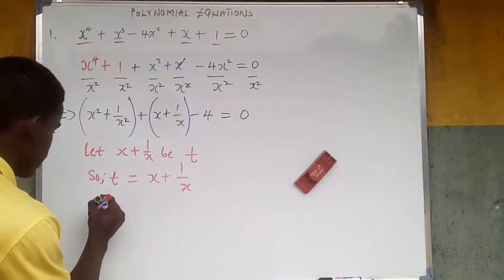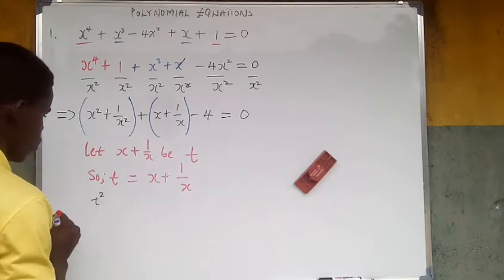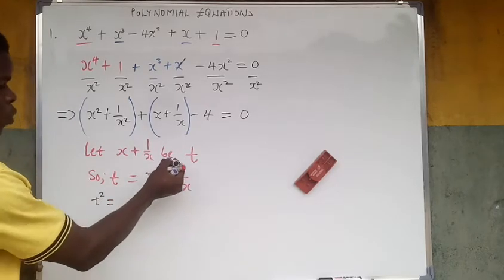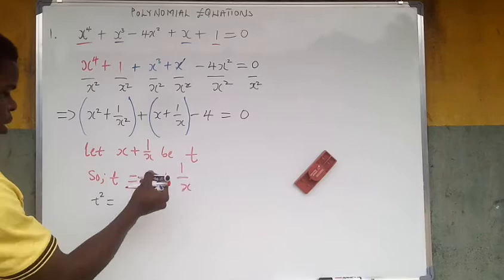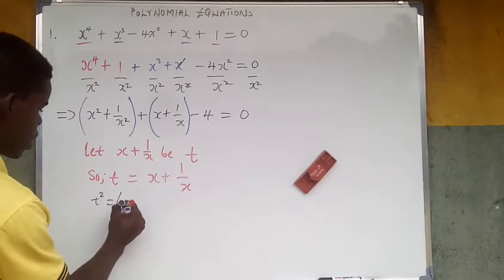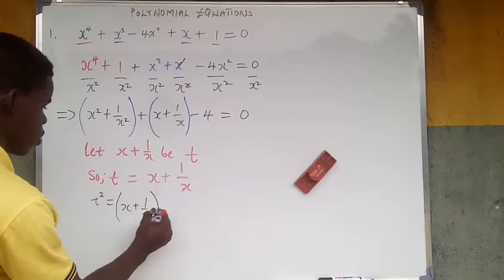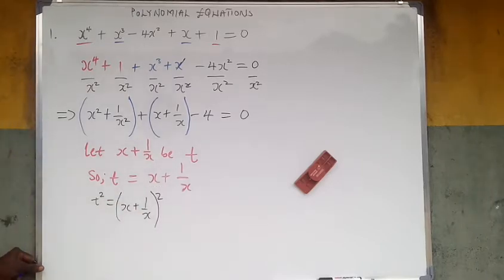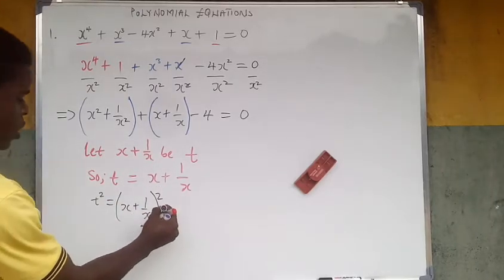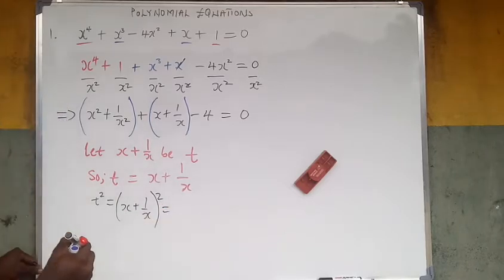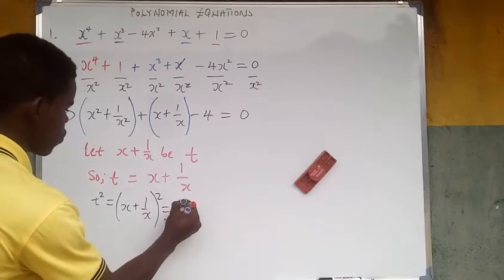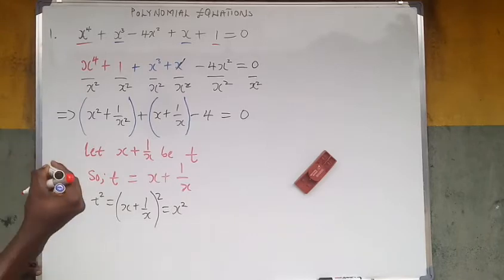Then t squared will be equal to this squared, because t is something like this. So t squared is equal to x plus 1 over x, squared. Now, let's expand this. Expanding this, we're going to have x squared. Hope you know about your binomial expansion.